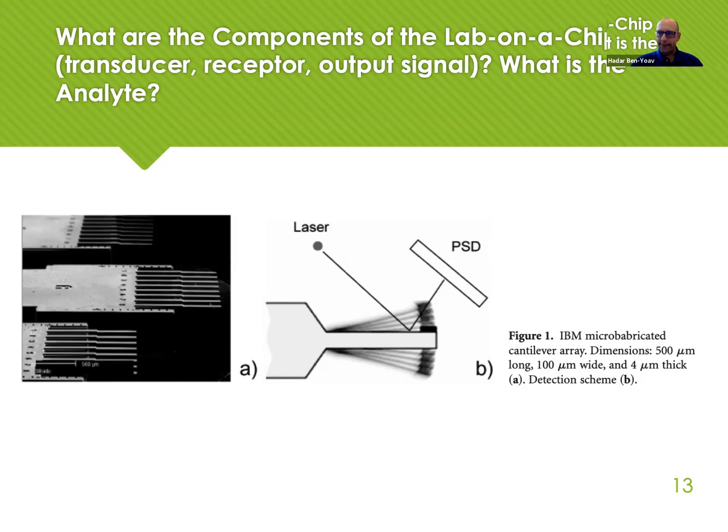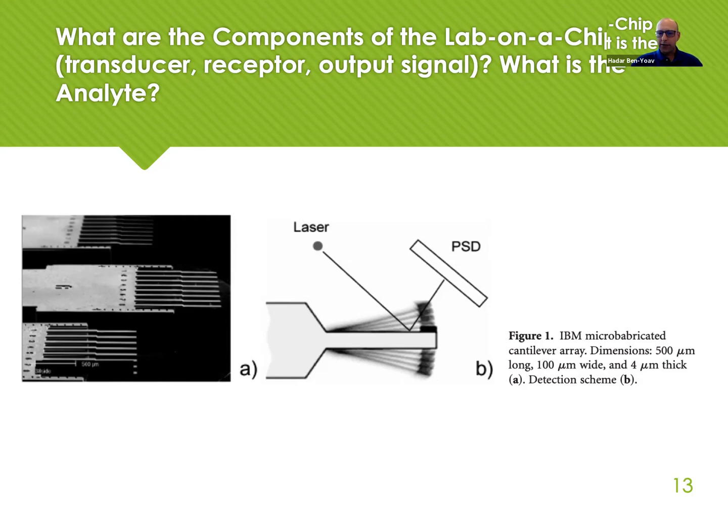Now we have a laser. How do we know that these cantilevers resonate, or what the frequency is? We shoot a laser on the surface of the resonator that reflects into a photosensitive detector that has many pixels.